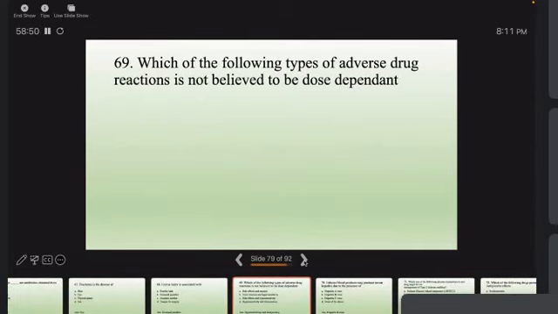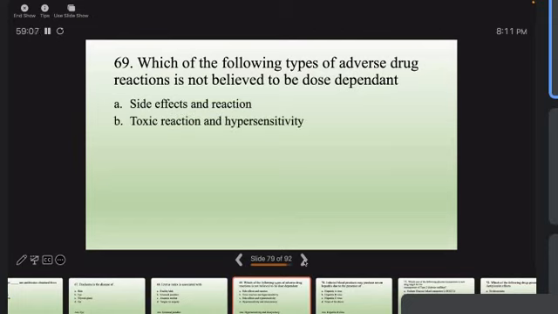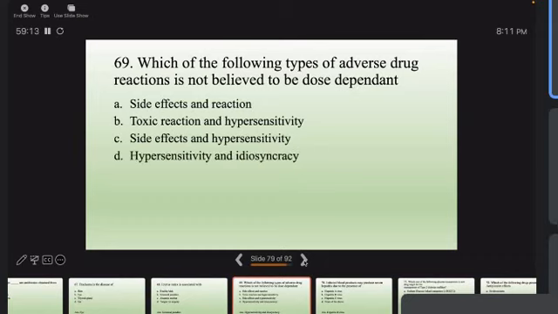Which of the following types of adverse drug reactions is not believed to be dose dependent? Okay, I'll give you options. Side effects and reaction, toxic reaction and hypersensitivity, side effects and hypersensitivity, hypersensitivity and idiosyncrasy.